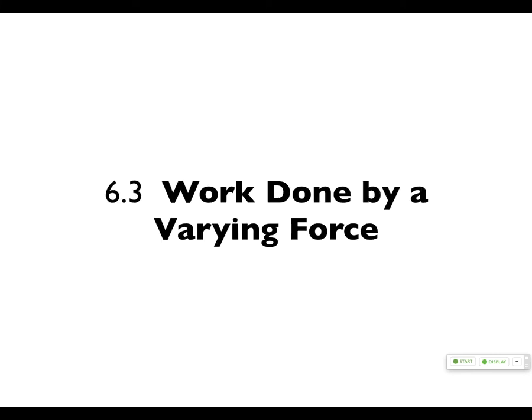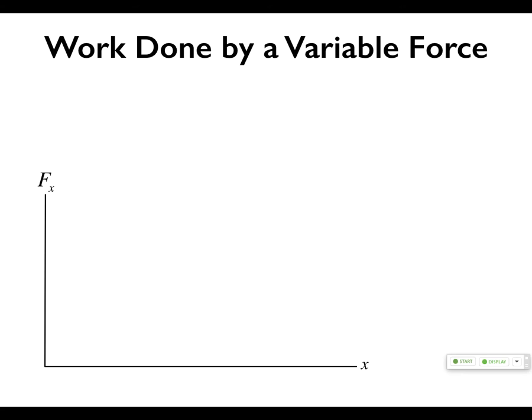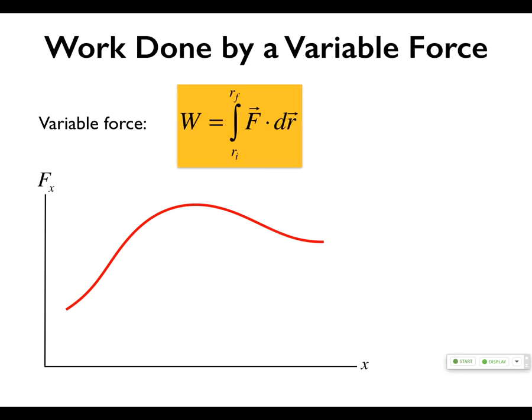Okay. So now we're going to add one more thing into the math. A variable force is a force that changes over displacement, for instance. So the most formal definition of work looks like this. All we've done is change delta R to dr; force is still there.